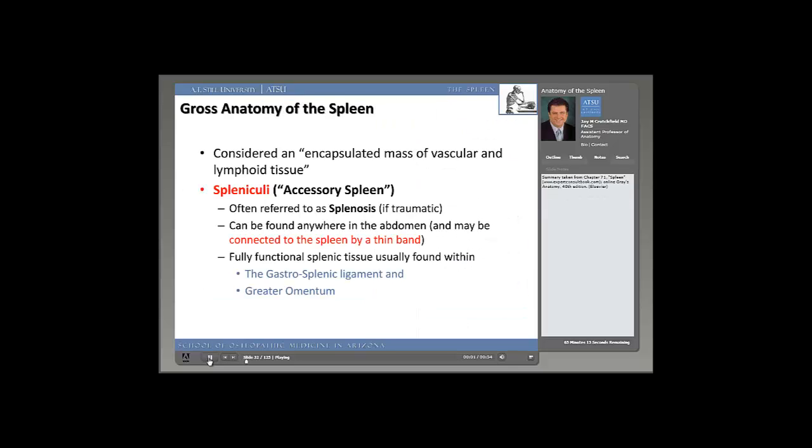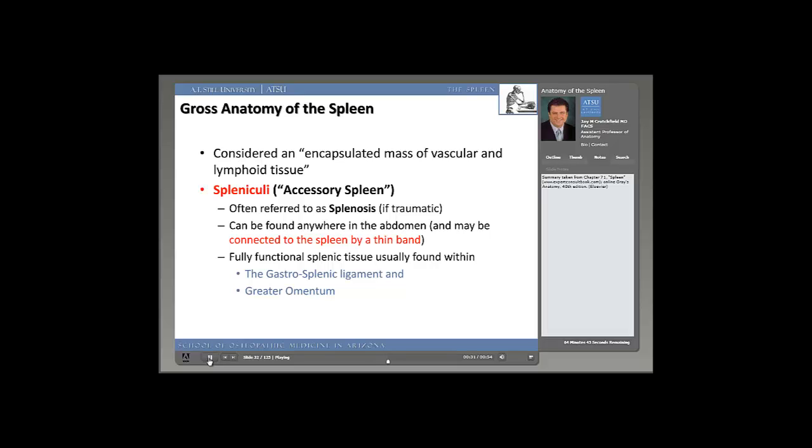As mentioned earlier, and very simplistically, the spleen can be considered a very large lymph node, or an encapsulated mass of vascular and lymphoid tissue, as Gray's Anatomy puts it. Accessory spleens, which you should now understand from your embryology, can also form. These accessory spleens are usually joined to the splenic artery and vein by a thin band of vascular tissue.